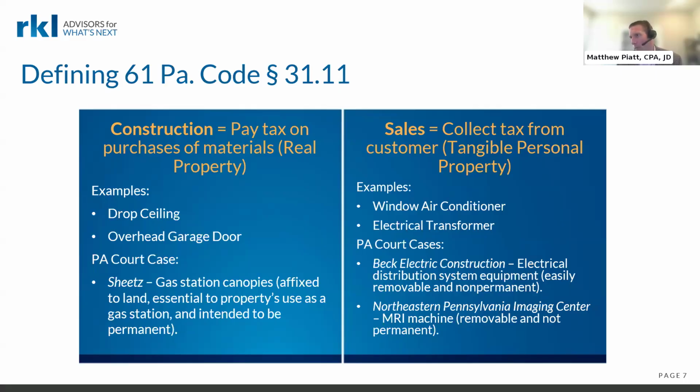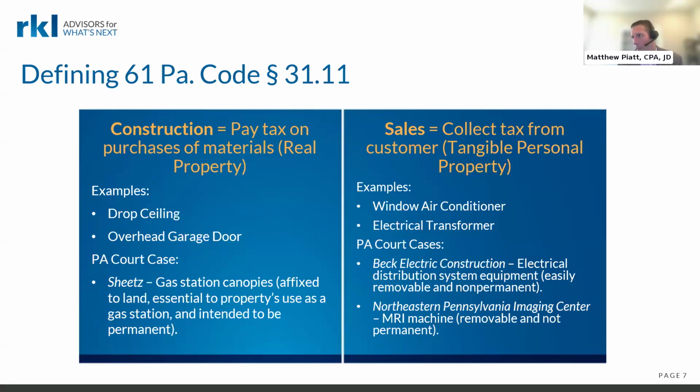So the Sheets case, that was a gas station case. It was dealing with gas station canopies that were essential to the property's use as a gas station. And then they were also intended to be permanent. So when you look at these cases, or you're trying to make that determination of whether something is real or tangible personal property, you'll see similar kind of requirements or prongs in most states.